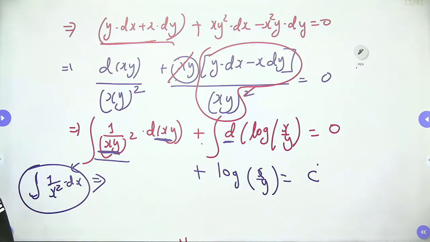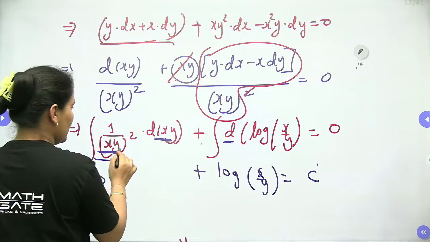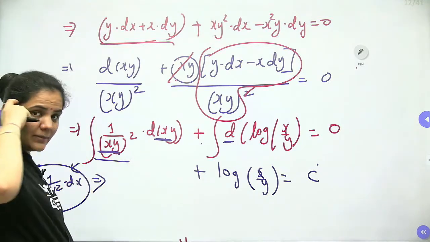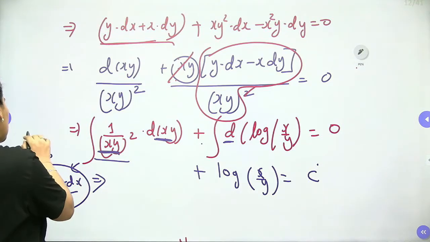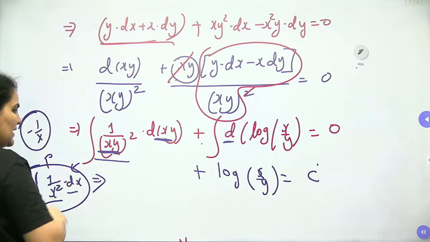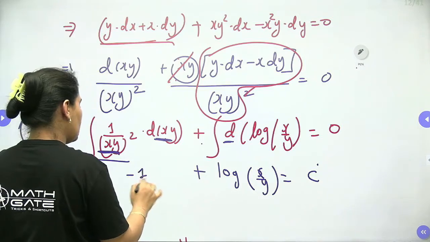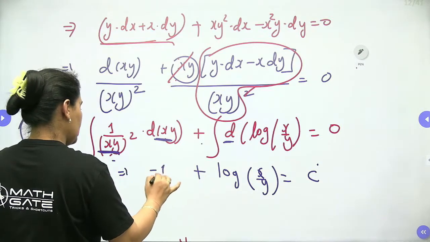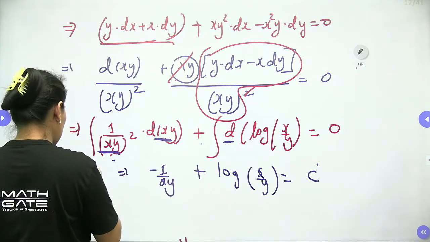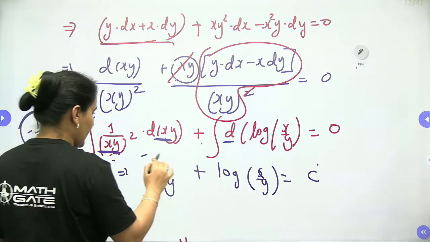When we have integration and differentiation together, the differentiation works as a dx only, and this is nothing but the 1 by x square, and the integration of this one is nothing but minus 1 by x. So we can write minus x by y from here. It will be your final answer.